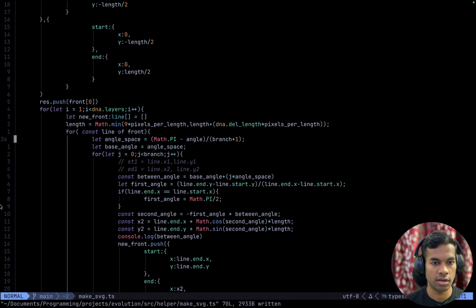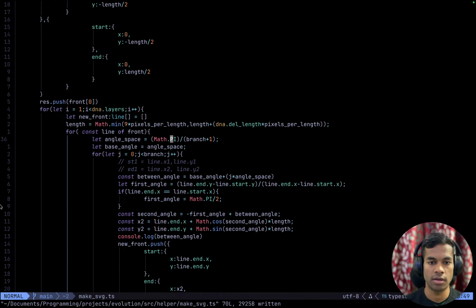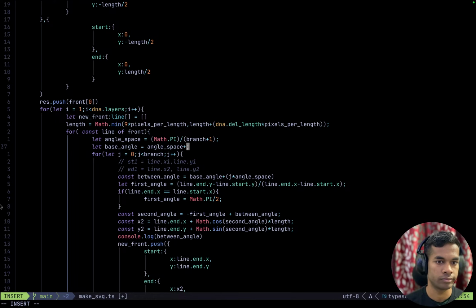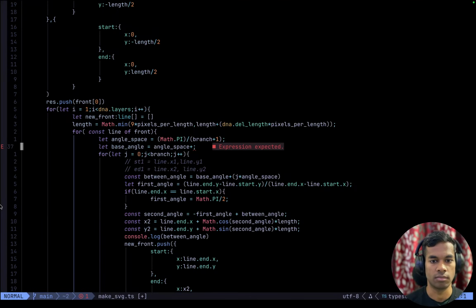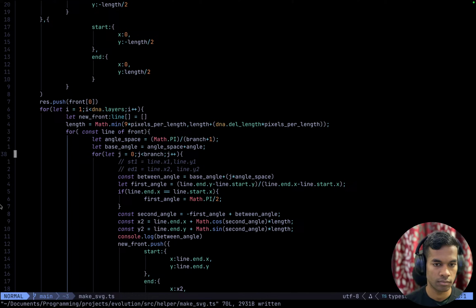And then here, length is fine, angle space we have to change. Angle space, pi minus angle. No, we have 180. And pi, yes, that is correct. And then base angle would be, not angle space, base angle would be angle space plus angle.